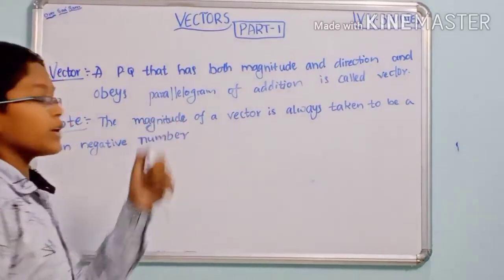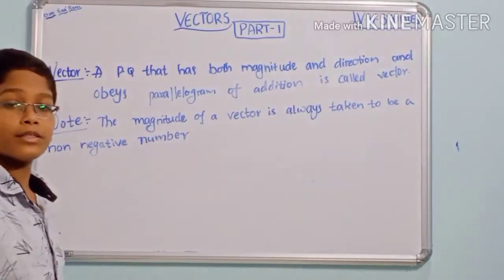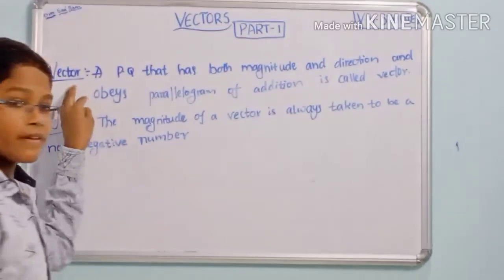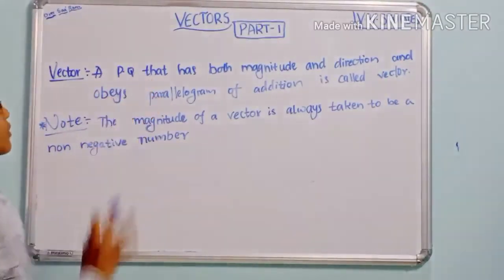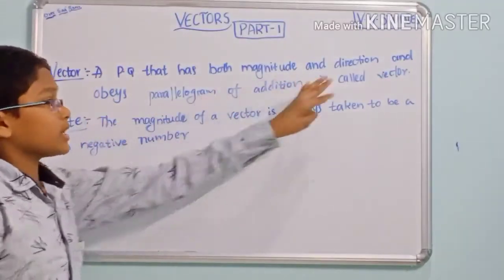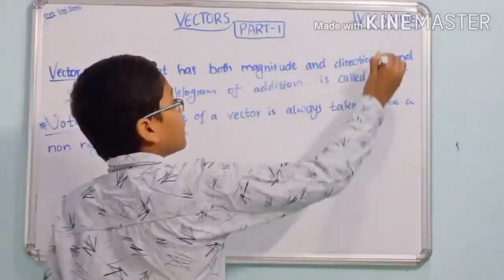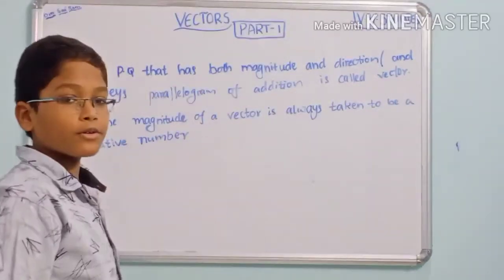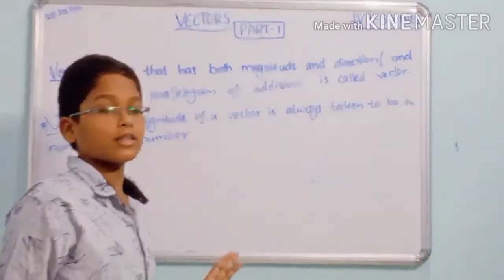Now, here I forgot to tell you about one thing, that is, what is the vector definition? A physical quantity that has both magnitude and direction. Up to here only I told you. Magnitude and direction is called a vector, I told you.